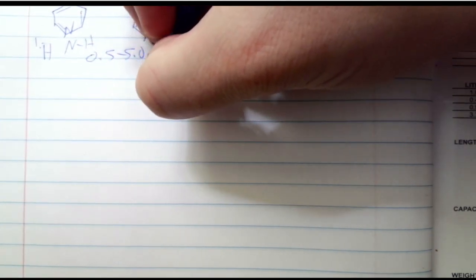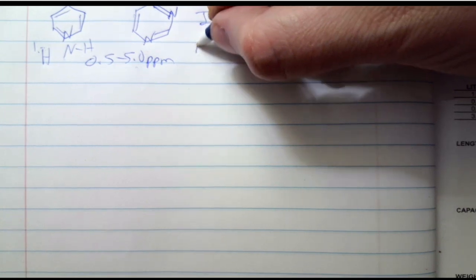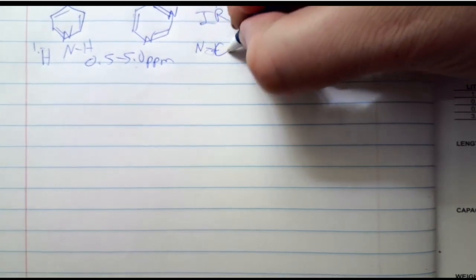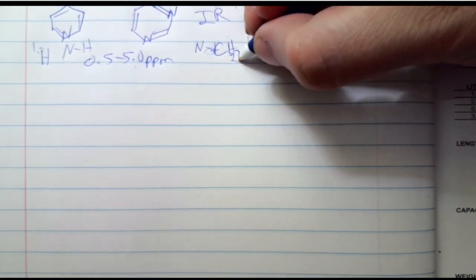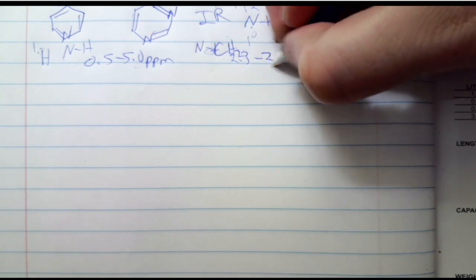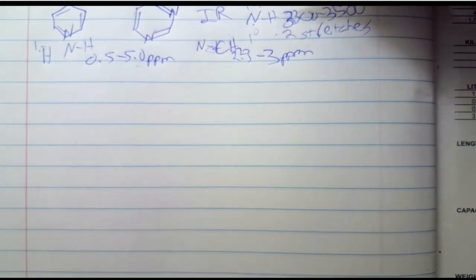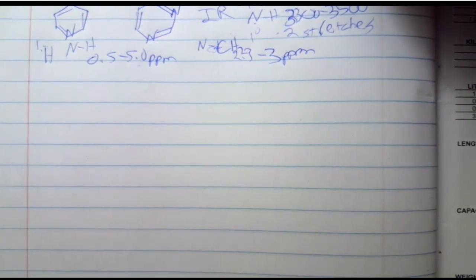It's not very downfield, so it's not really that useful. The same thing, the CH adjacent to an N is like 2.3 to 3. If it's adjacent to a functional group, it's probably between 2.3 and 3, something like that. It's not super useful.